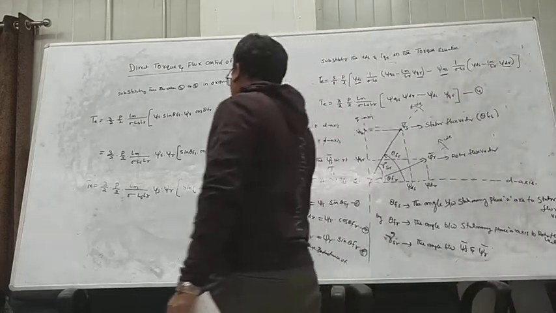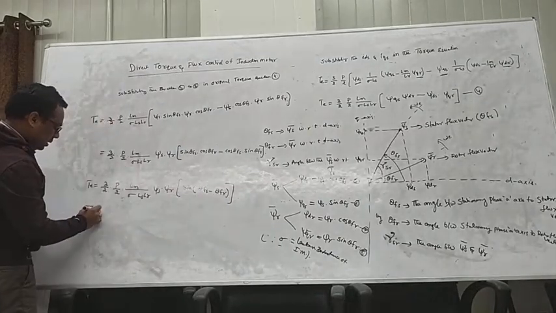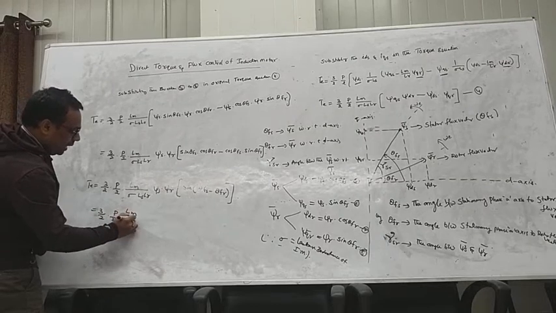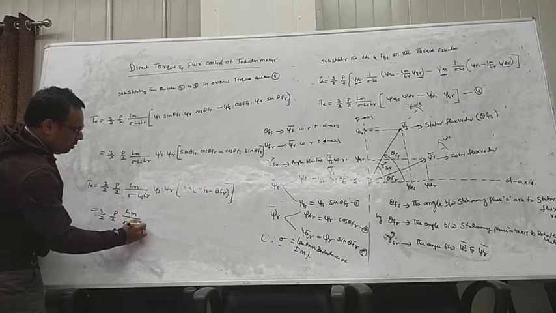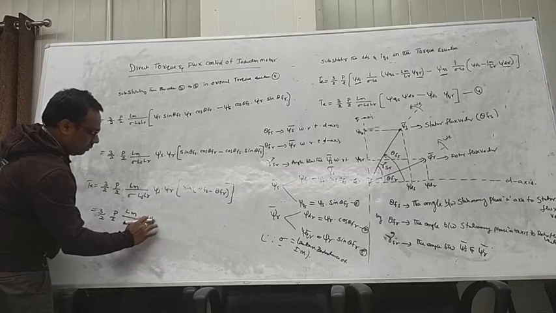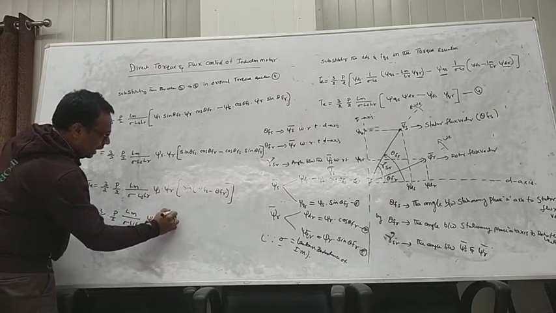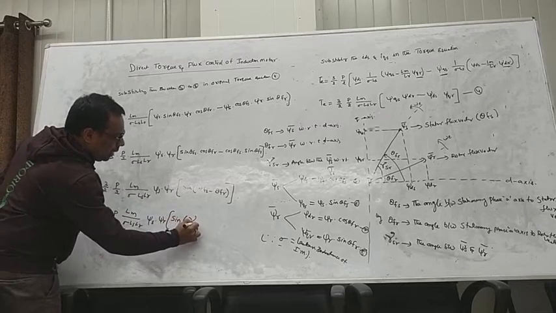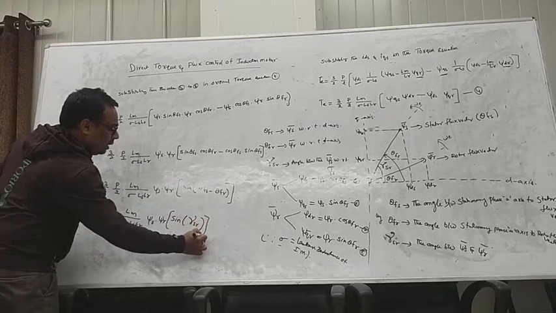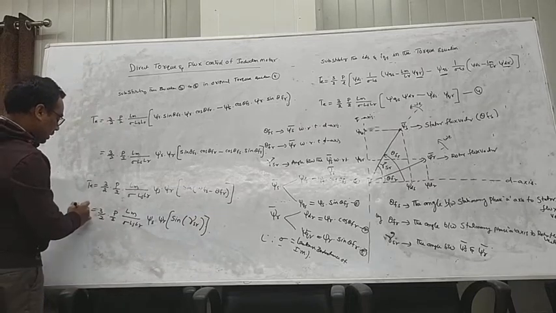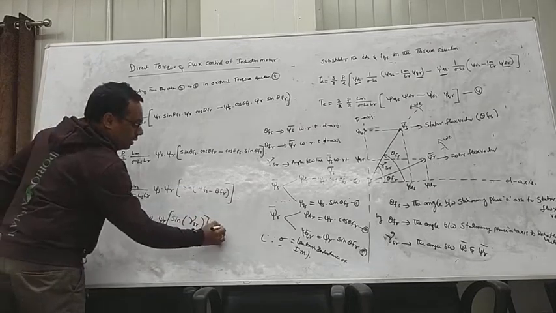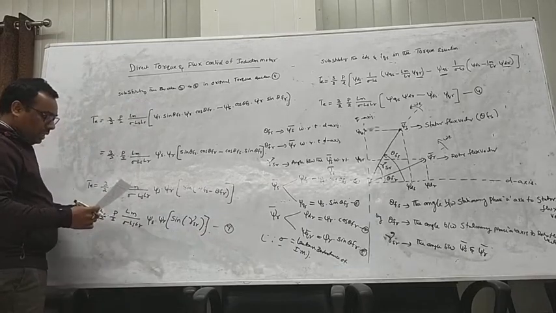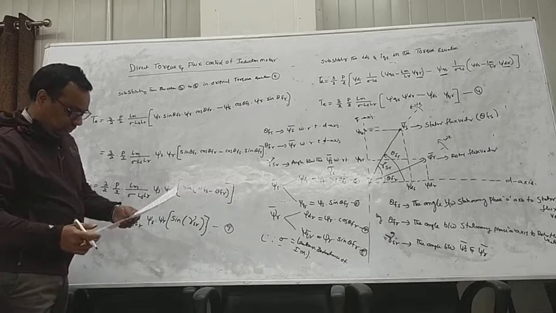So now I am replacing this with 3 by 2 into P by 2 Lm by sigma Ls into Lr, psi s into psi r into sin of gamma Sr. This is equation number 9.